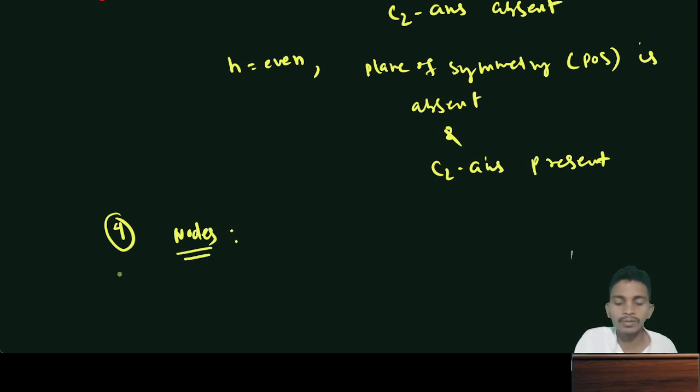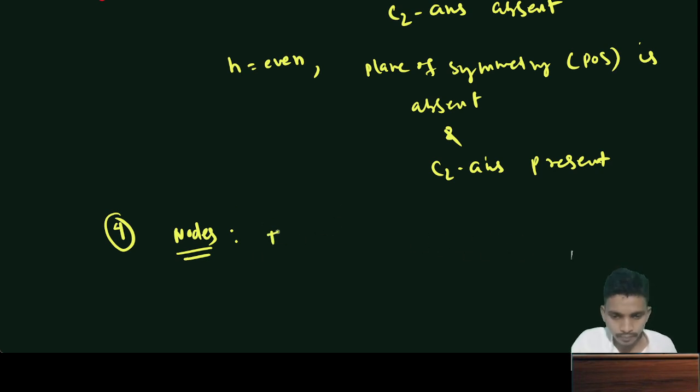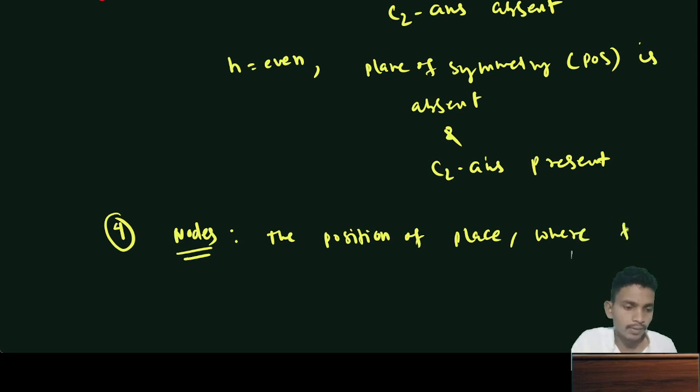So what do we mean by nodes? Nodes are the positions or places where the finding or getting of electron density is zero.